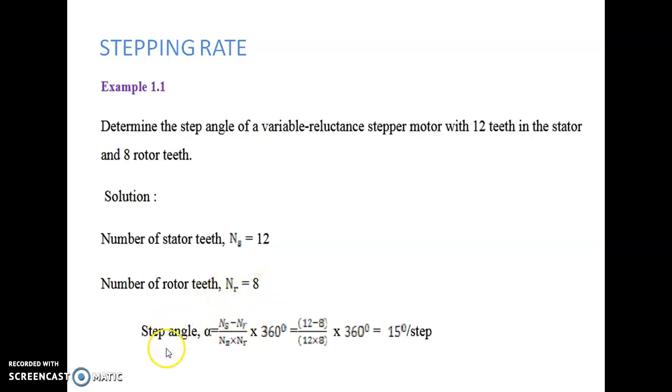As a result, step angle will be (Ns minus Nr) by (Ns into Nr) into 360 degree, that is (12 minus 8) by (12 into 8) into 360 degree. After putting all the values of Ns and Nr, we will get the step angle as 15 degree per step. Here you can remember the formula. Only by using this we can find it out.